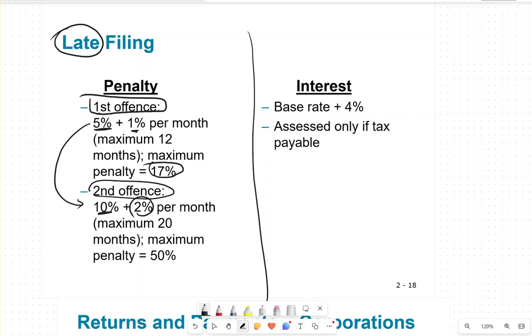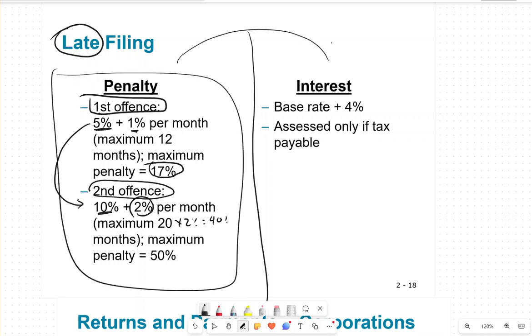So 12 times the 2% gives you 24%, plus the 10. You end up paying 50% on the money if you don't file your taxes. So that's a lot of money. And on top of the penalties, you are going to pay them interest, whatever the base rate is, plus the 4%.